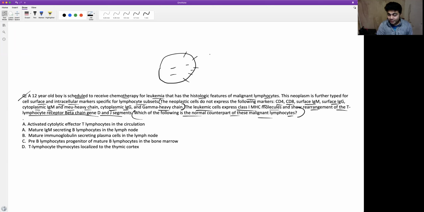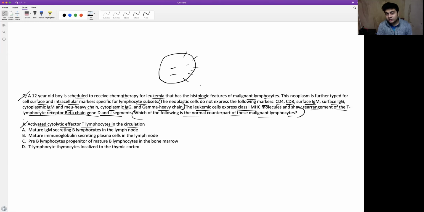Now let's go over the options and find the answer. Option A says activated cytolytic effector T lymphocyte in the circulation. This reminds you of the CD8 T cells. We usually say cytotoxic rather than cytolytic, but these are the same, right?